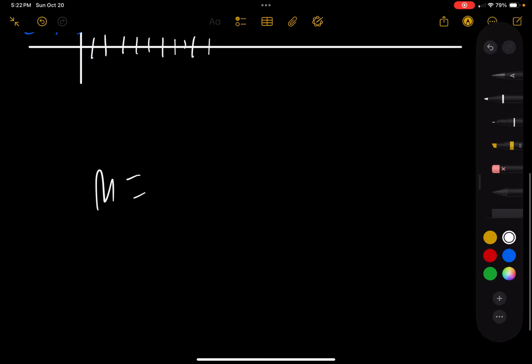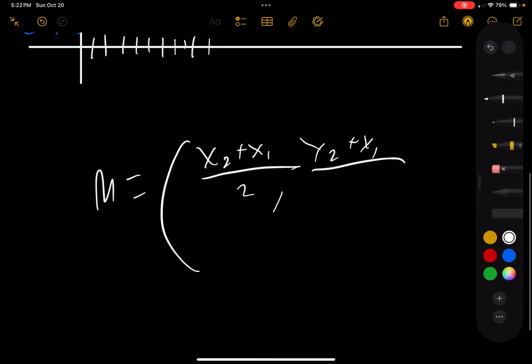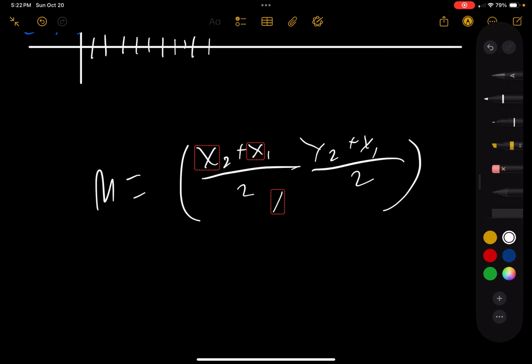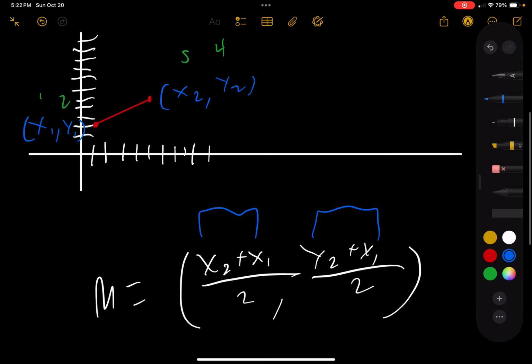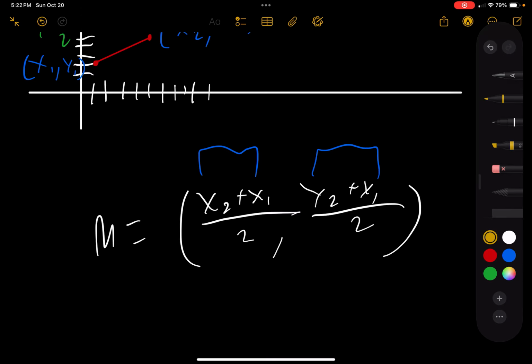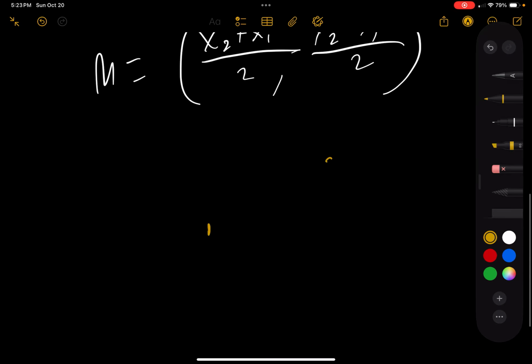So let's say M is the name of the midpoint. M equals (x1 + x2) over 2, (y1 + y2) over 2. What you're basically doing with this formula is adding up both of the values and then dividing by 2. So that's how you find the midpoint between 2 points on a coordinate plane.